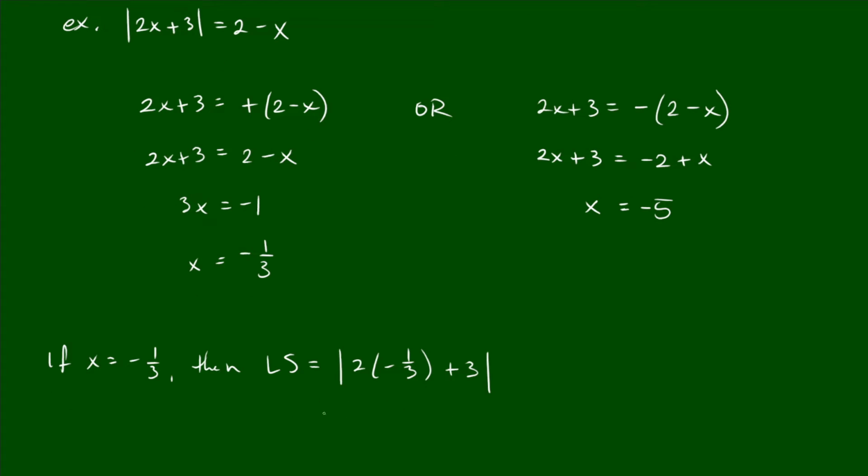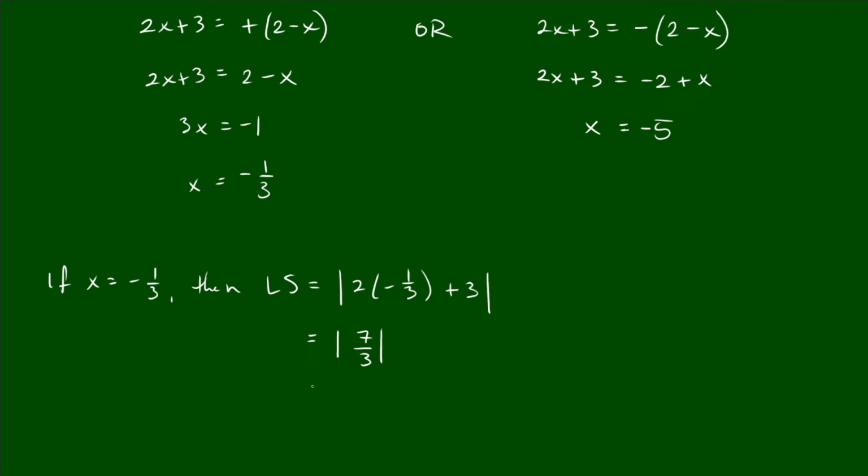That is going to be the absolute value of, well, you have minus 2 over 3, and then you need a common denominator. That's going to be 3. So 3 times 3, that's 9. 9 minus 2, that's 7. So you're going to have 7 over 3, the absolute value of that, which is 7 over 3.